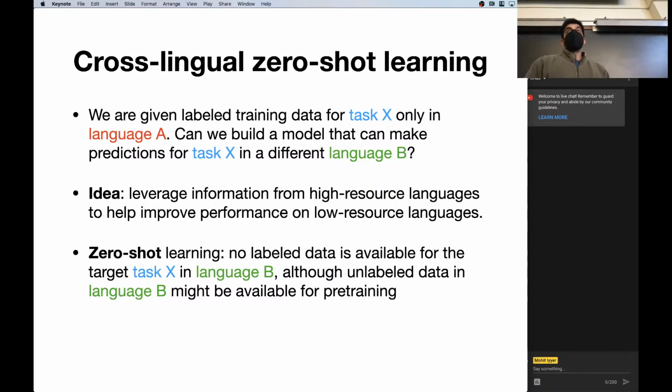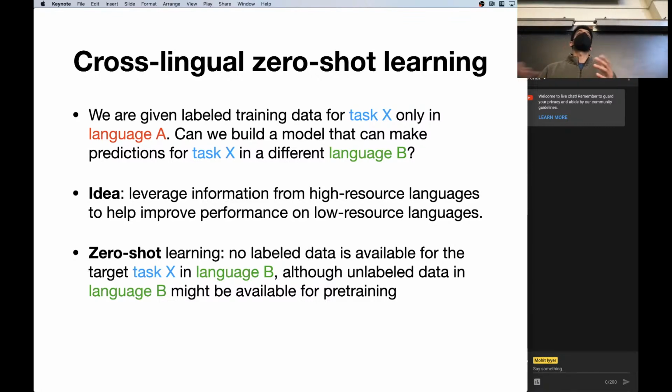Okay, so one of the coolest applications of these models that have been trained on multilingual text is the potential for zero-shot learning. So if I'm given some task, let's say sentiment analysis, and I have only labeled data for this task in, say, English, but I want to make my model work at test time on Portuguese, let's say.